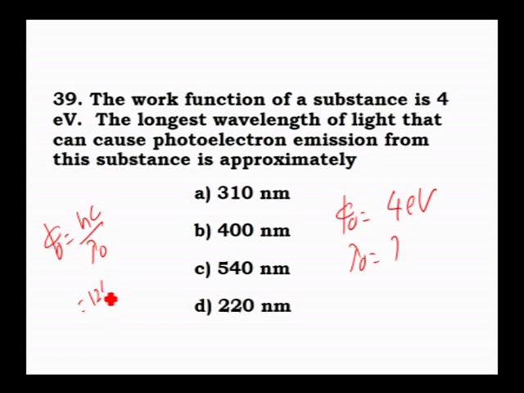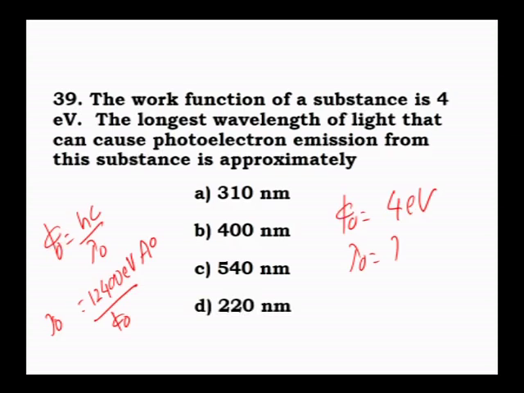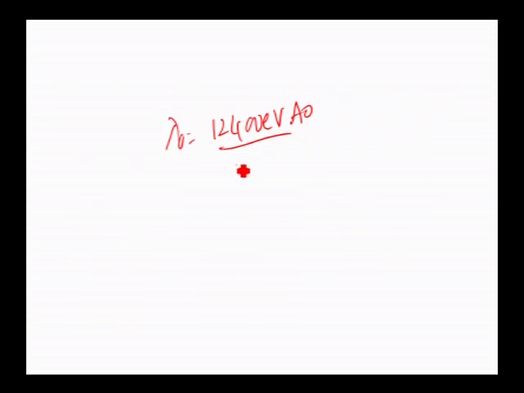It is 12,400 electron volt angstrom. Therefore lambda naught is equal to 12,400 electron volt angstrom divided by phi naught. Correct? Therefore lambda naught is equal to 12,400 electron volt angstrom by work function, which is given as 4 electron volt.